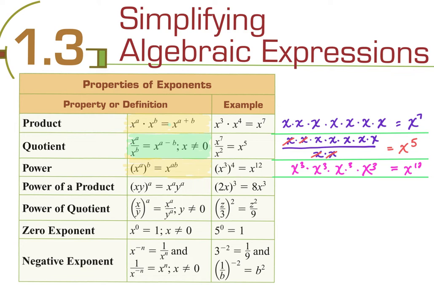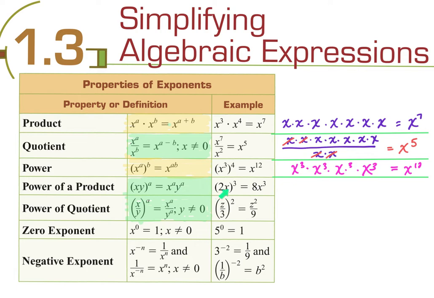The next two kind of work the same, so I kind of lump these together. Whether I am multiplying or dividing, if I have something in a group, no matter how big the group is, if the entire group is taken to a power, then I have to take everything inside that group to the power, all right? So the first one is multiplying.